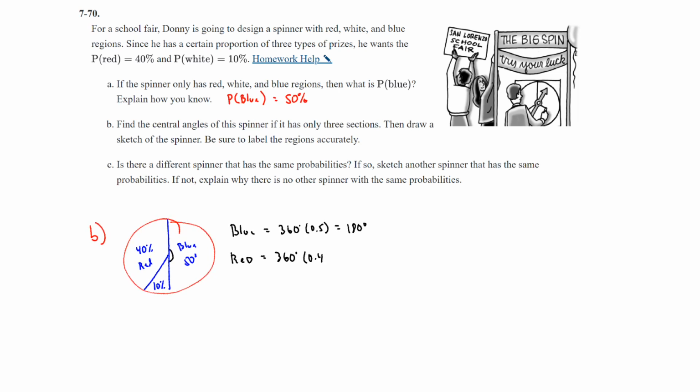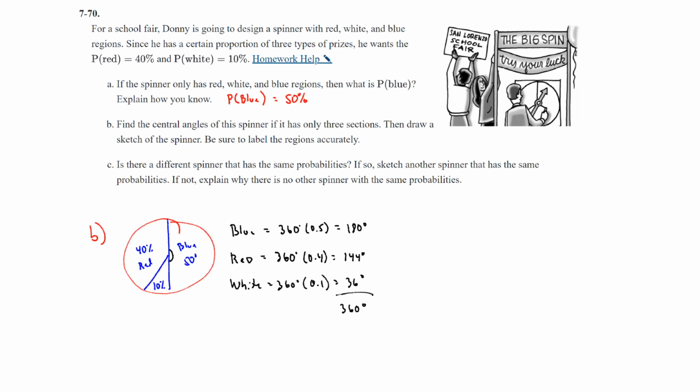So we want 360 times 0.4, which would represent 144 degrees. And then the white's going to be the smallest because it's only 10%, so 360 times 0.1, and that would represent 36 degrees. Now, we should be able to add all of these up to get 360, and you can double check that all three do add up to 360.